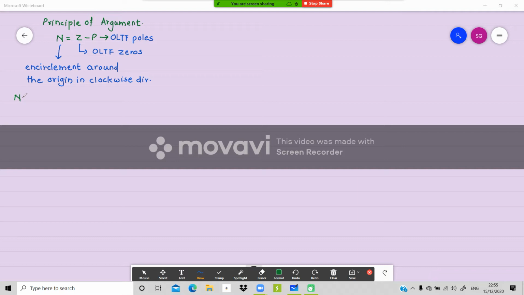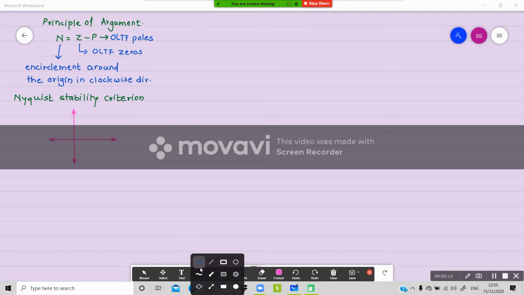And this Nyquist stability criterion, I told you that we are looking for what? In the RHP there should not be any poles. That is the Nyquist stability criterion. Do you remember? Right. So we are going to scan this area, this RHP.